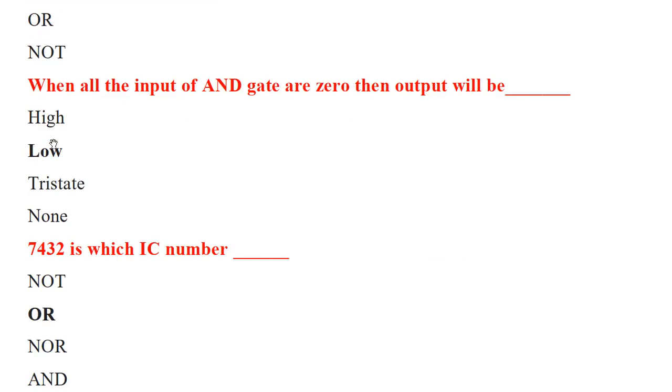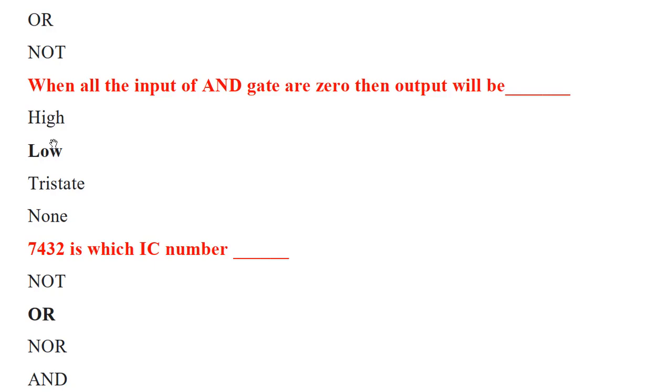Third, when all the inputs of an AND gate are 0, then the output will be dash. For an AND gate we know the truth table: if both the inputs are high, then the output is 1, otherwise the output is 0. Here we have asked the case when all the inputs of the AND gate are 0, so the output will be 0.